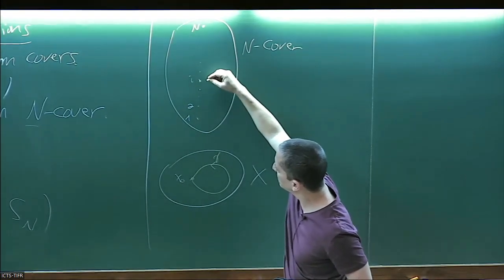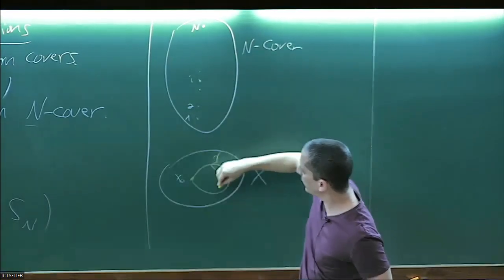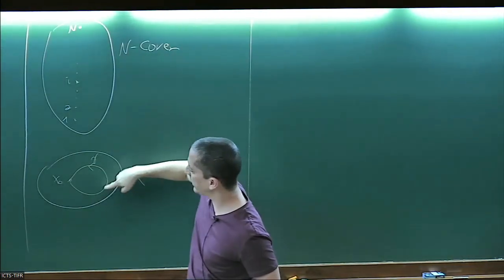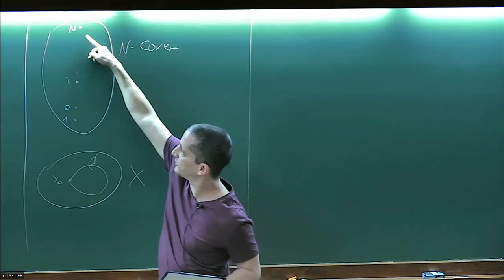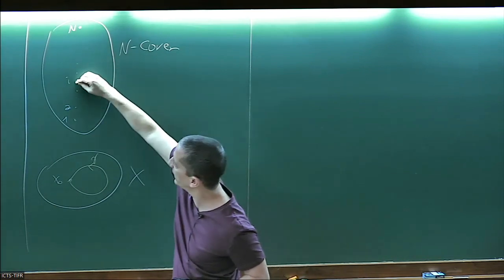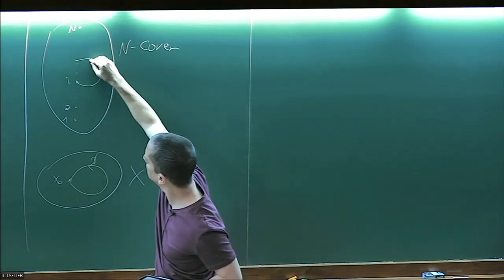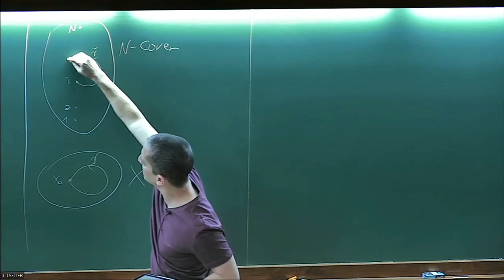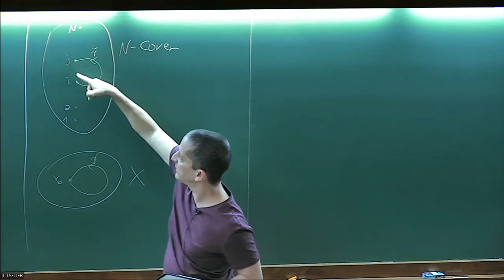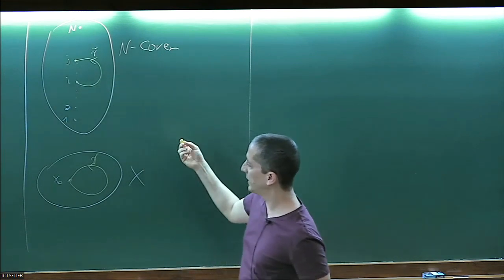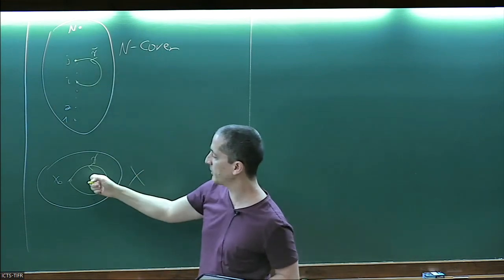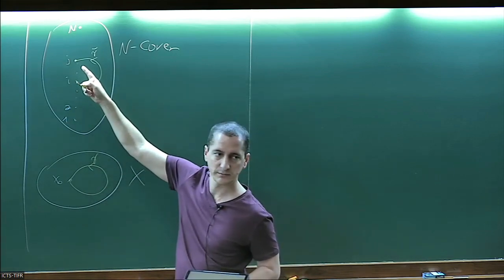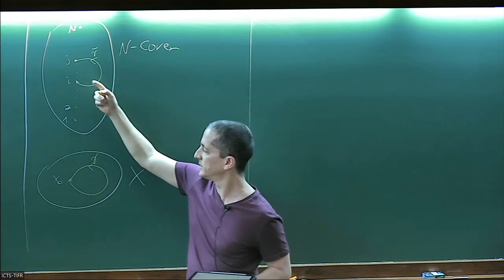If I try to lift it here, I'm not necessarily going to get a closed path, but I know that the end of the lift will end in one of these points in the fiber. And if it ends in j, I'm going to say that gamma is mapped to a permutation that maps i to j. Okay, this gives me a permutation.